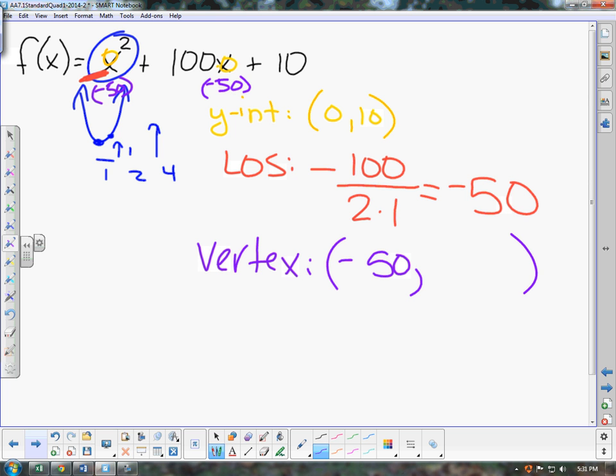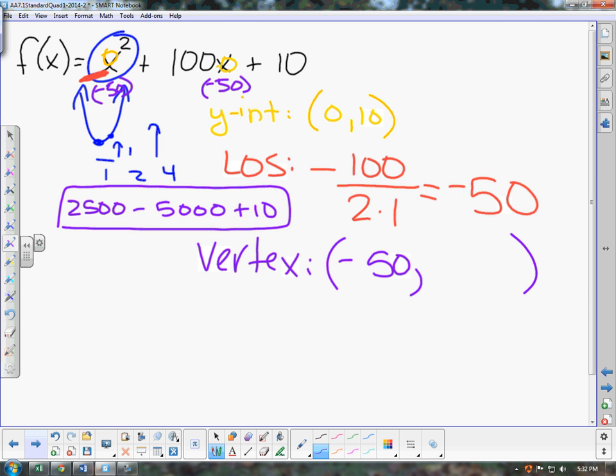And a negative 50 squared is 2500, and then 100 times a negative 50 is a negative 5000, and then plus 10, and if you combine all of those things, that's a negative 2500 plus 10 is going to be a negative 2490. If my math is correct. Hopefully you got that as an answer as well. And there you have it.